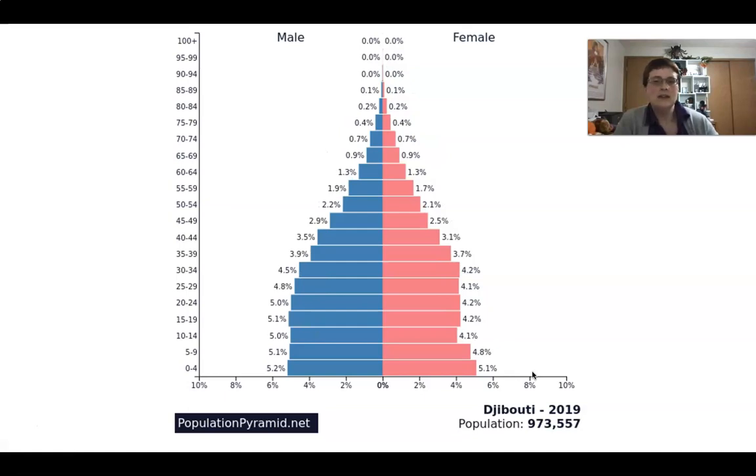Then you've got a country like Djibouti. This is a very unusual pyramid. Now, this country, it would be expected to grow, but not grow very, very fast, generally, because of the shape. So if you look, you've got fairly flat sides.